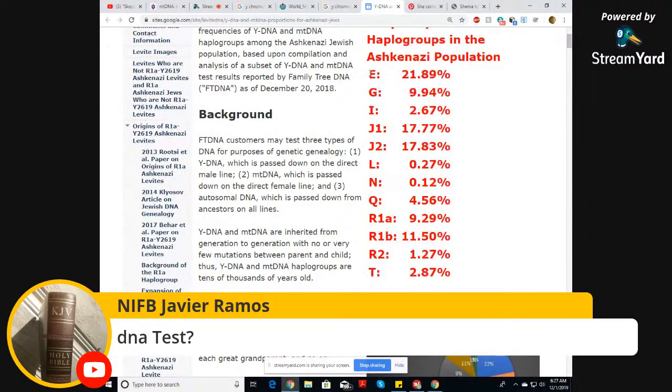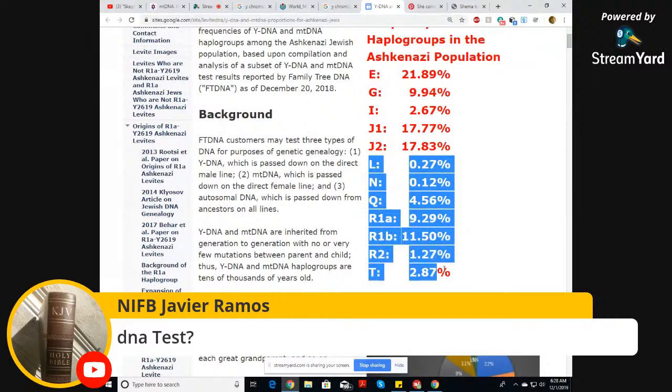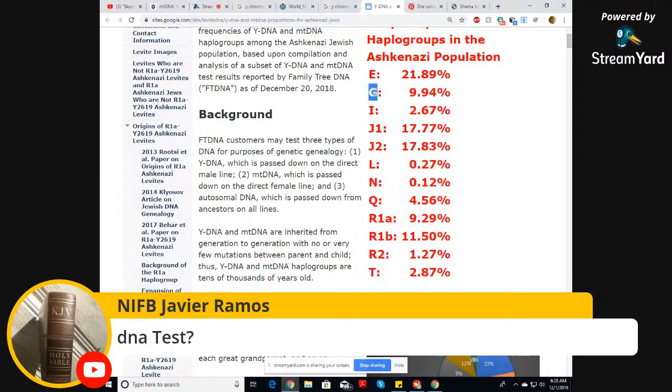And of course, this is African. And these are Japhethite in the Jewish population, because the only Semitic ones are the G, H, I, J, and the G might be just plain Semitic. So if you want to claim to be a descendant of Israel, you would have to have I1 or J1 and J2. Otherwise, you can't claim to be an Israelite.